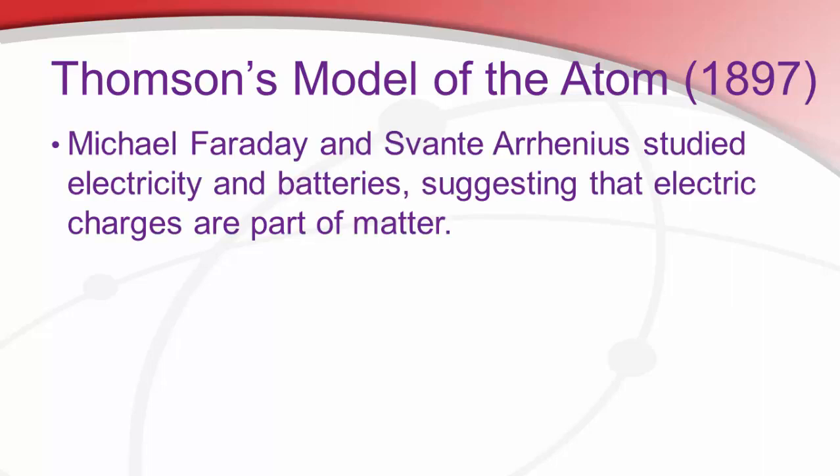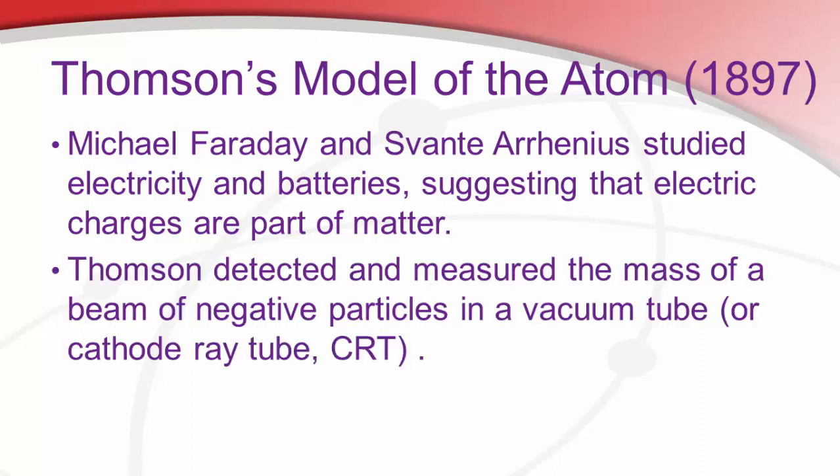In 1897, Thomson proposed something slightly different. And this was based on the idea of electricity, and Faraday and Arrhenius essentially proving that electric charges are part of matter as we know it.